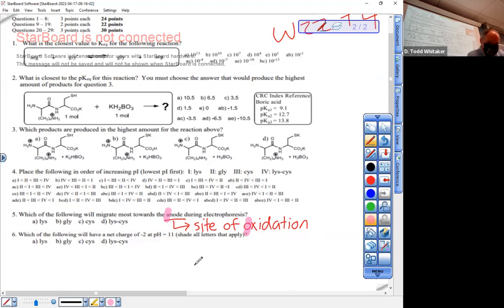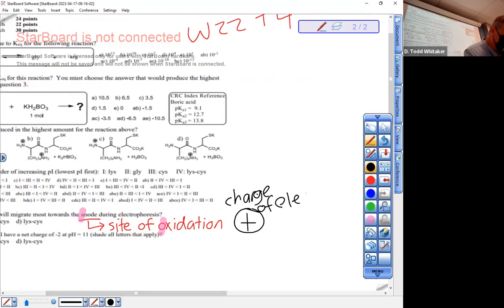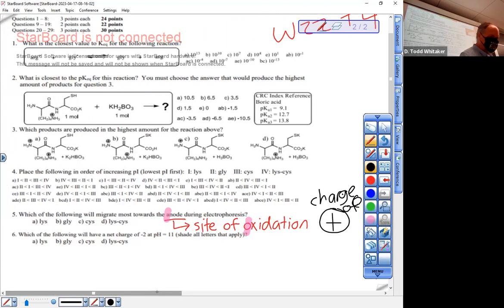The anode is attracting negatives. The anode better have what charge? Positive. There is the charge of the electrode. This question translates to which species is the most negative. That's the translation.